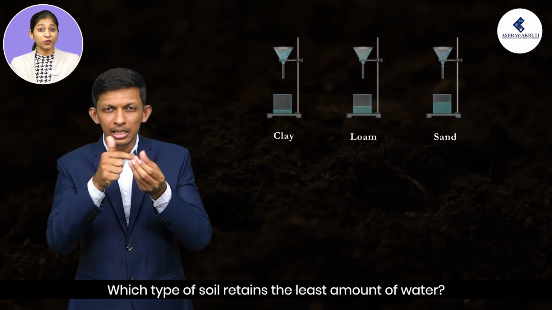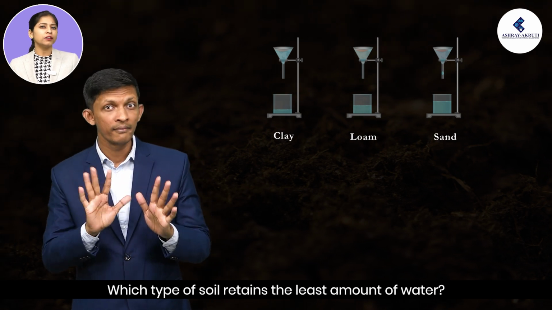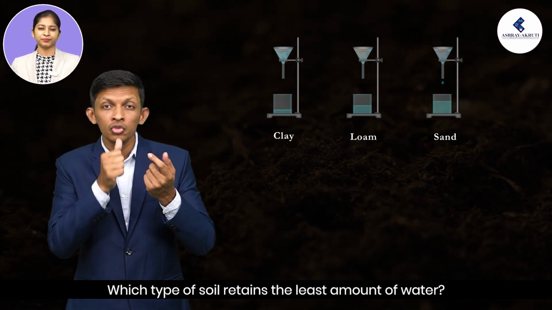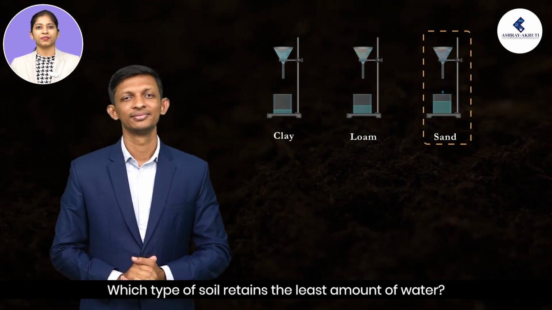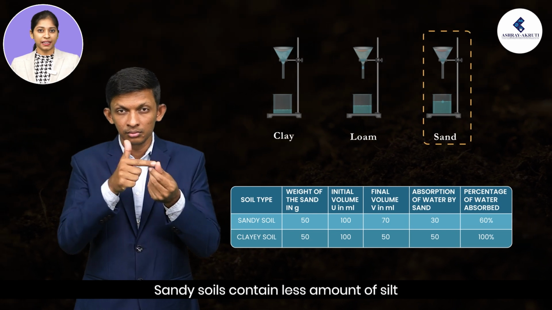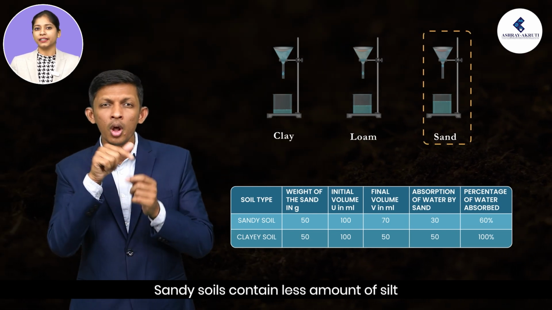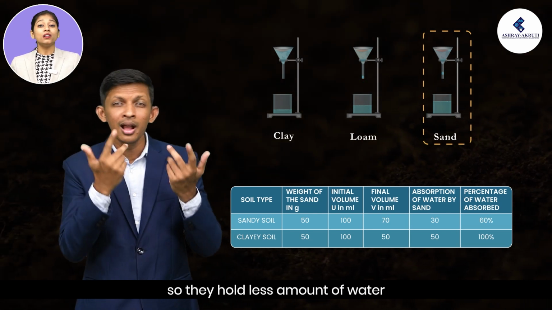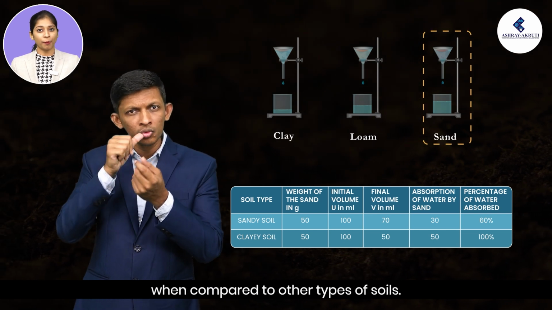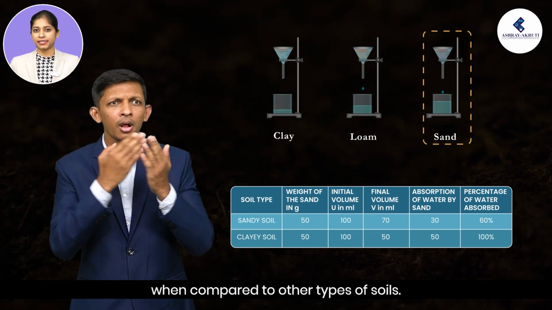Which type of soil retains the least amount of water? Sandy soils contain less amount of silt, so they hold less amount of water when compared to other types of soils.